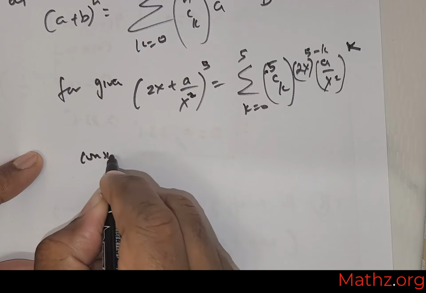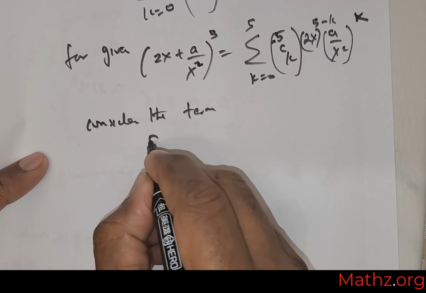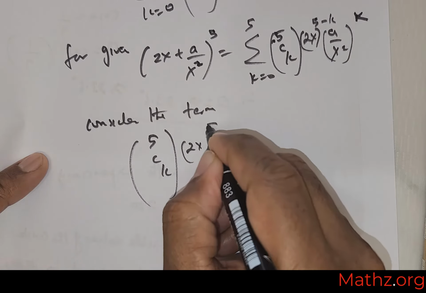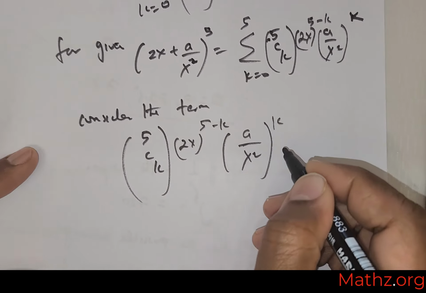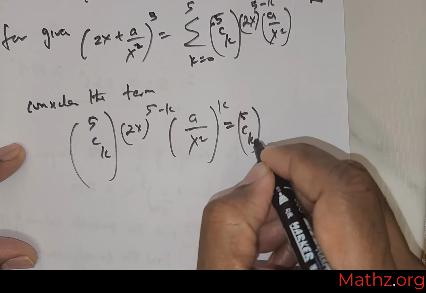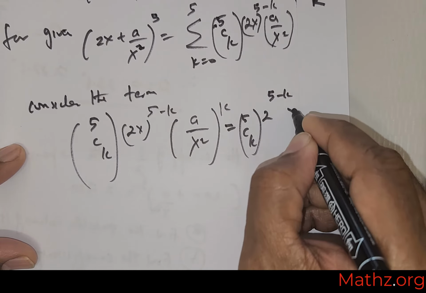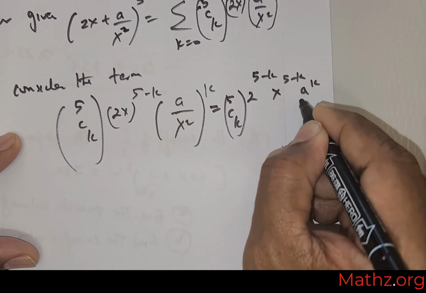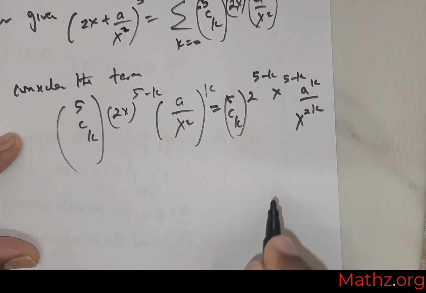Now consider the term 5Ck times (2x)^(5-k) times (a/x^2)^k. Now this is equal to 5Ck times, I am writing this as 2^(5-k) times x^(5-k) times a^k divided by x^(2k).